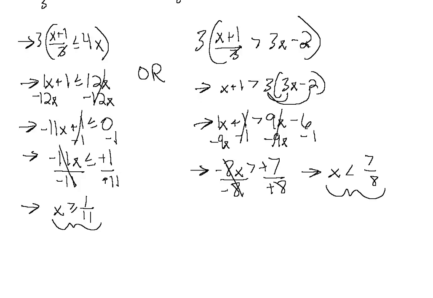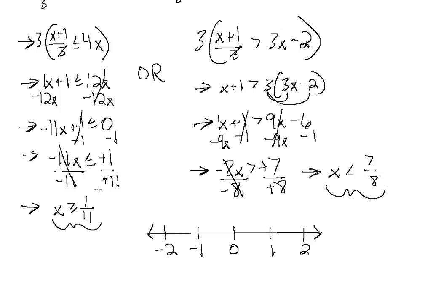So we have 2 OR inequalities, so let's go ahead and graph them on a number line. We should be getting pretty good at this by now. And this is actually going to be zoomed in quite a bit because our values are fairly small. All right, so we know that x is greater than or equal to 1 over 11.